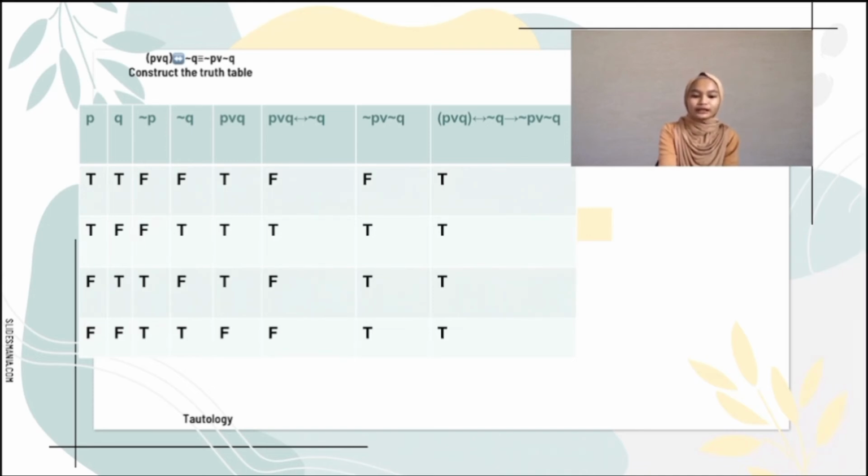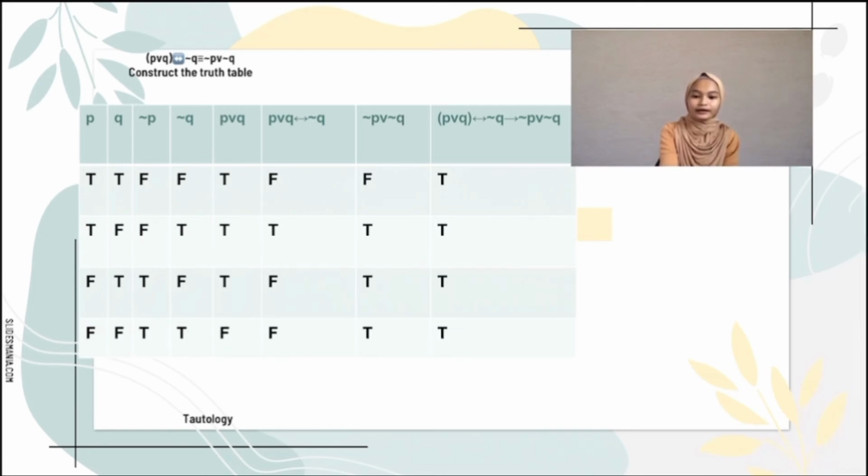First, we know that P is true, true, false, false, and Q is true, false, true, false, and not P is false, false, true, true, and not Q is false, true, false, true, and P disjunction Q is true, true, true, false, and P disjunction Q conditional not Q is false, true, false, false.